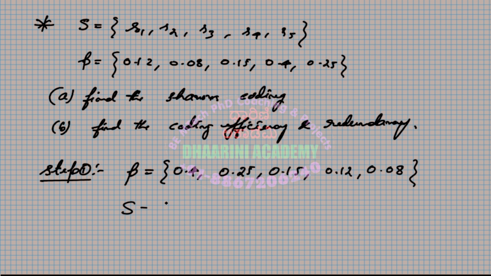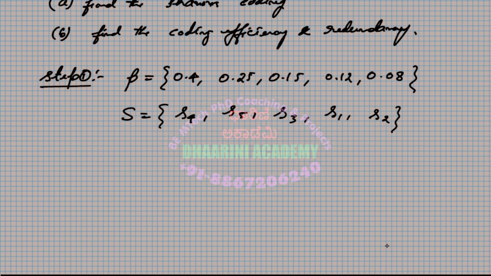According to them, write the source. So 0.4 is for S4, then 0.25 is for S5, 0.15 is for S3, then 0.12 is S1, then S2. All right, so that is done.